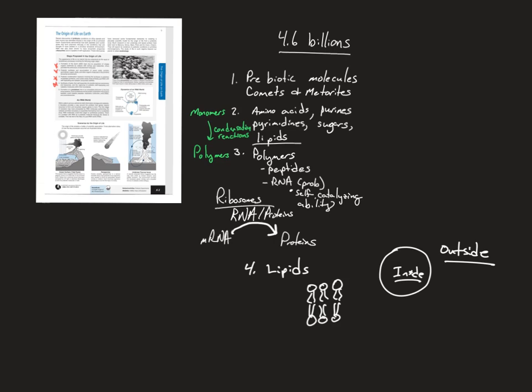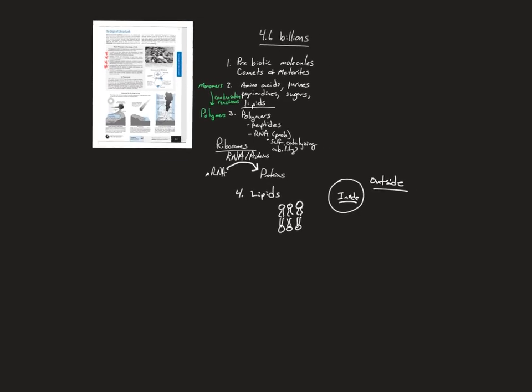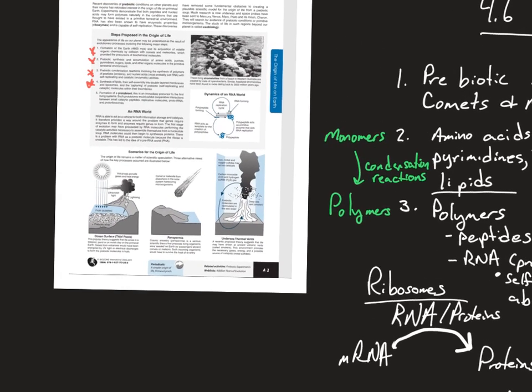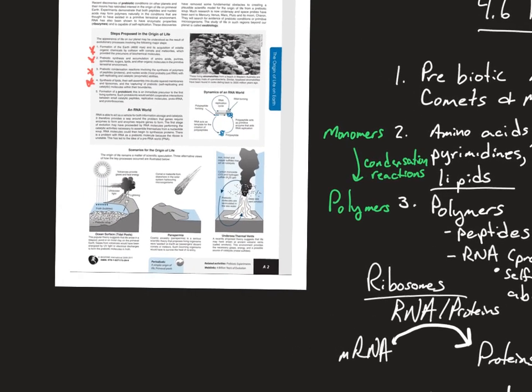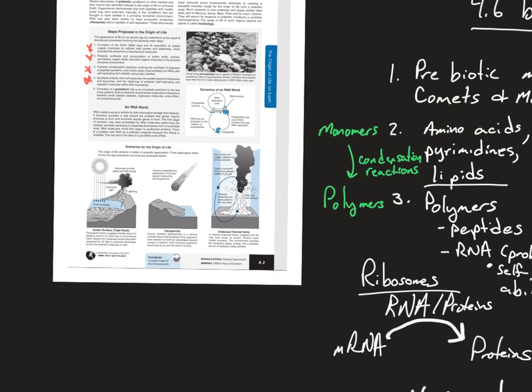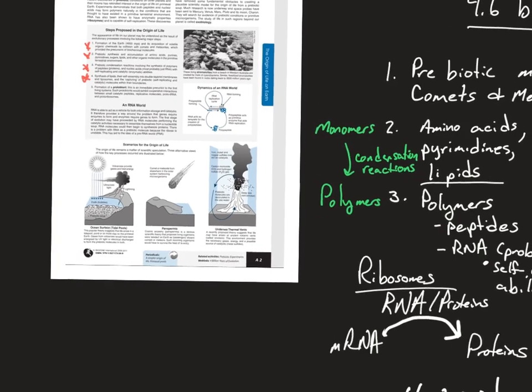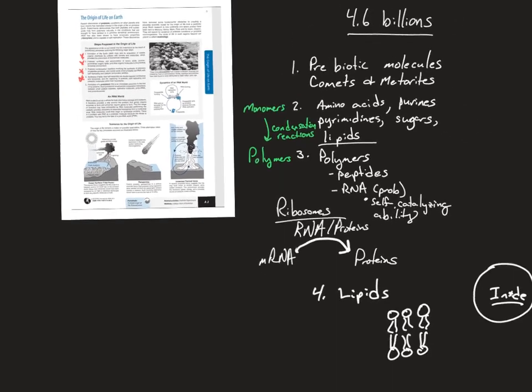And then the fifth step, just before life started, was you started to get a lot of the rudimentary processes going. So if you look here, the fifth, there's a probiont, where you have an immediate precursor to the first living systems. Such probionts would exhibit cooperative interactions between catalytic peptides.